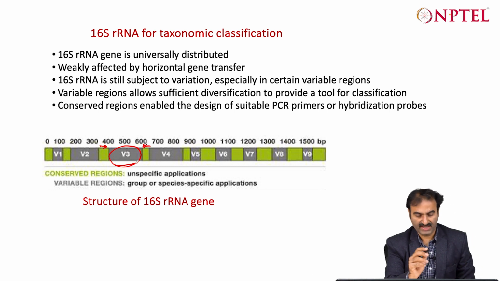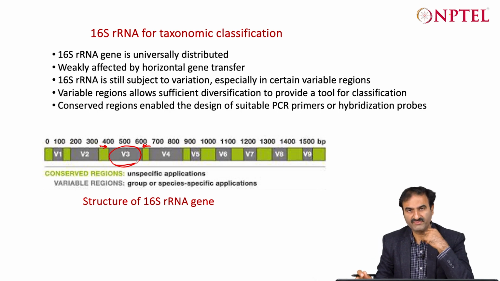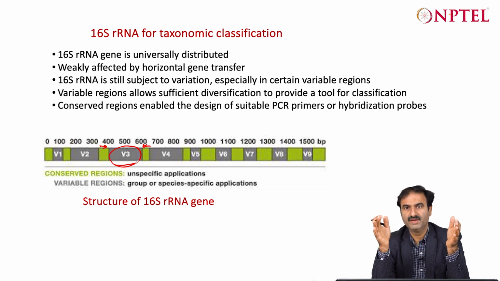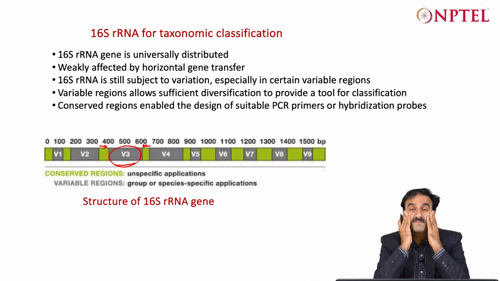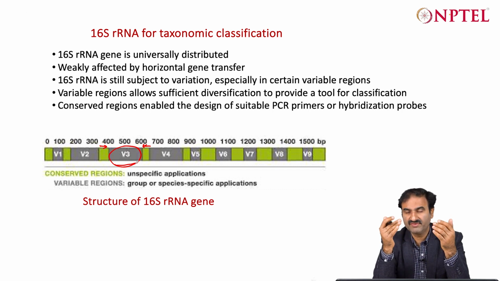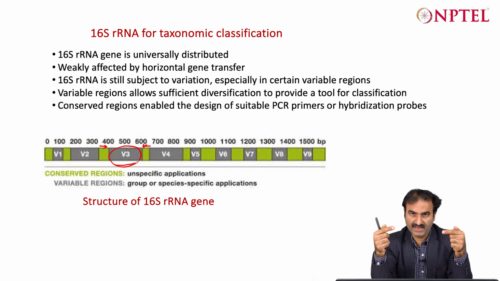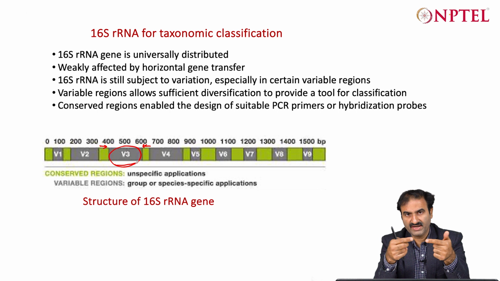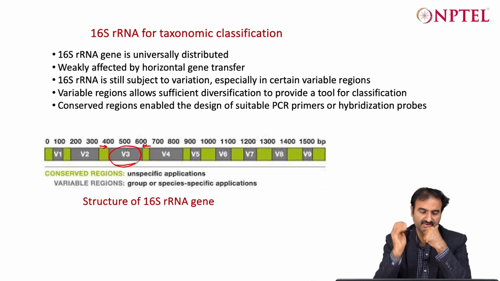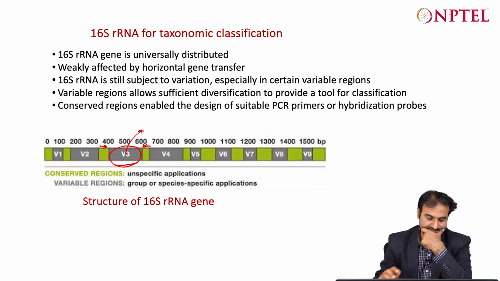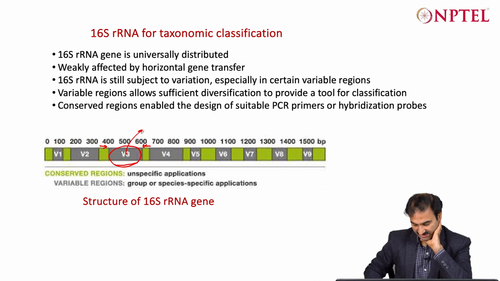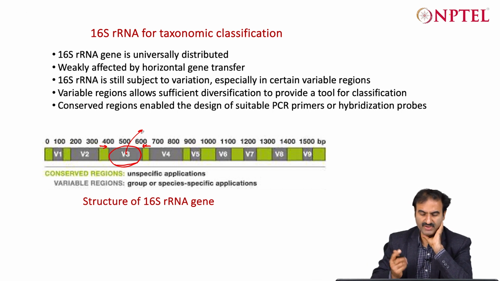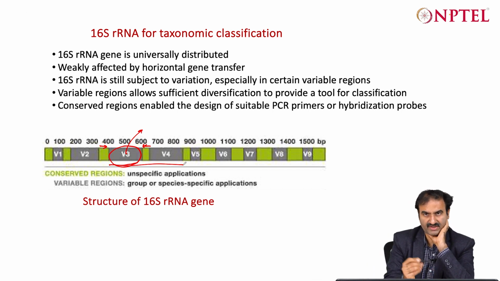Primers can bind in that constant region because it will not vary much, and it will help me amplify the V3 region. So the V3 region is generally used, or a combination of V3, V4, or even a longer region.